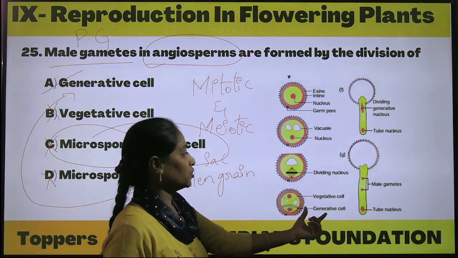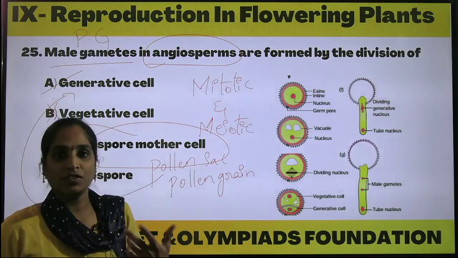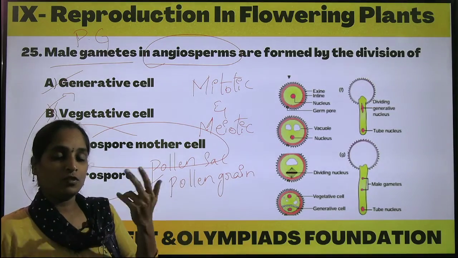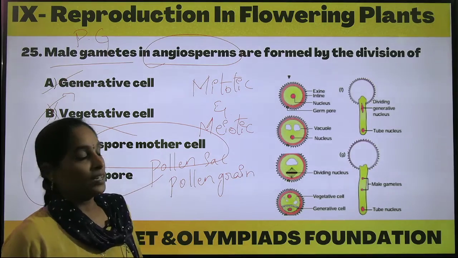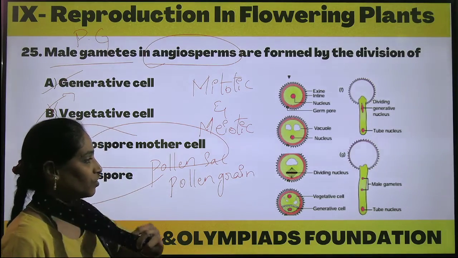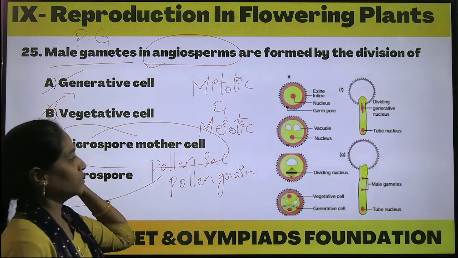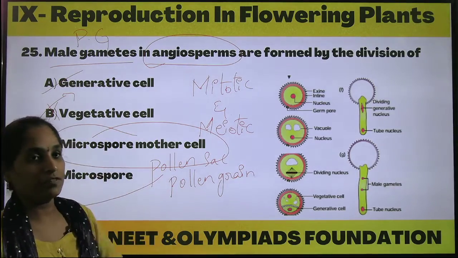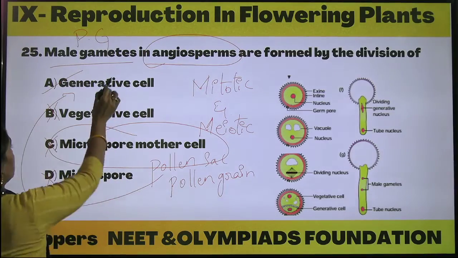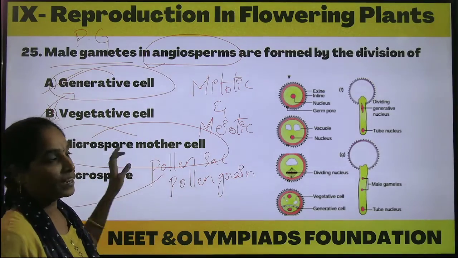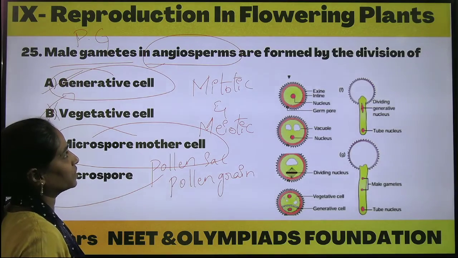After that, the generative cell will be responsible for fusion the first time with the egg cell and the second time with the central cell. Okay, so that is the reason it is considered a double fertilization. So here the generative cell helps in the formation of male gametes called pollen grains, right?